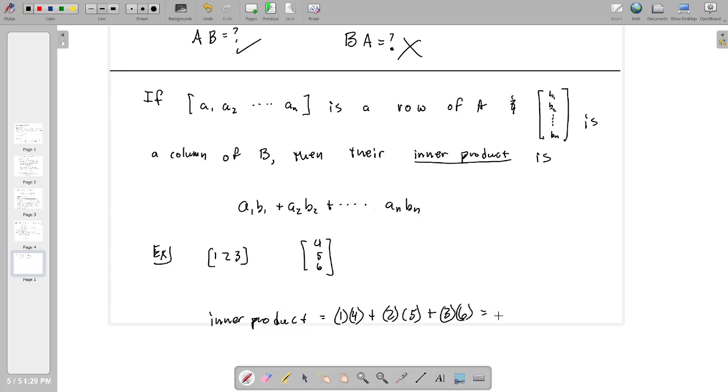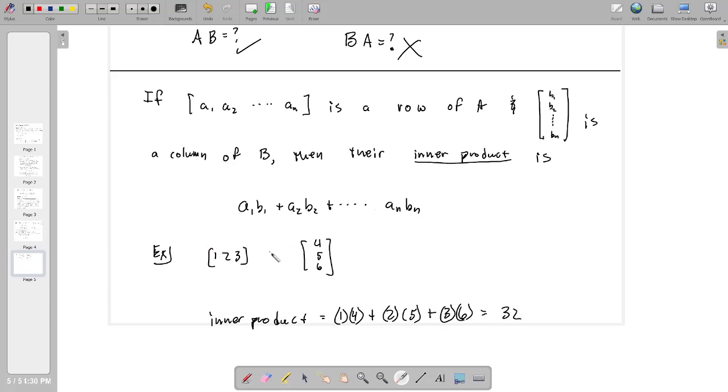We'd have 4 plus 10 plus 18, 32. Notice that we have a single number when we take the inner product of a row and a column. We get a single number back, right? It's the sum of the products of the respective elements.